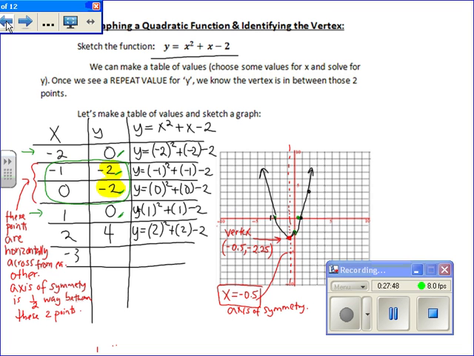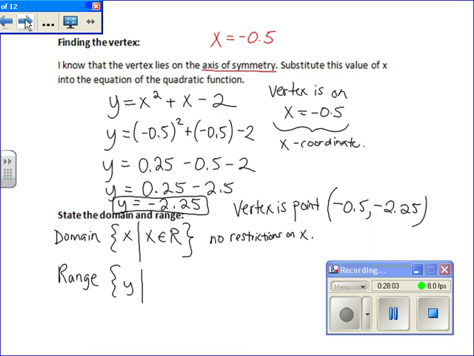Another way to say that is that y can be equal to negative 2.25 or greater than that. That's the lowest point, so y is going to be anything above that point. So here we'll say y is greater than or equal to the lowest point, which is negative 2.25.